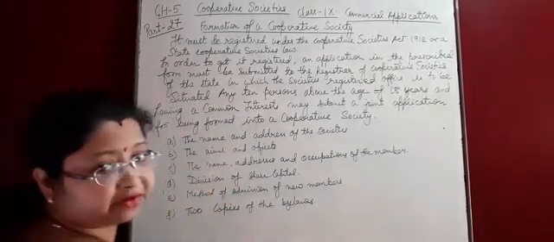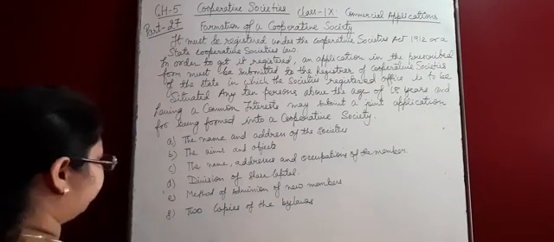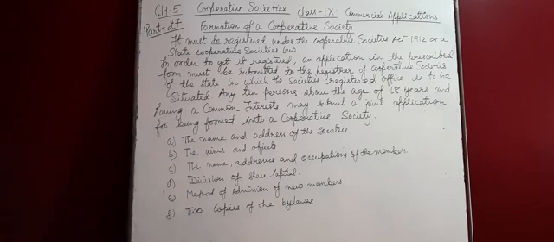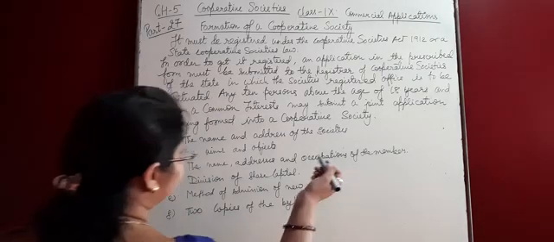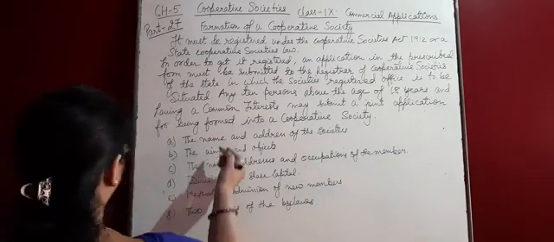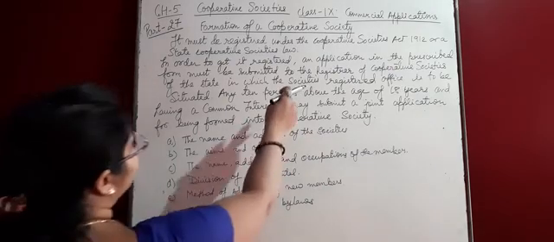Bylaws means the rules and regulations. A cooperative may adopt model bylaws given in the Cooperative Societies Act. Instead of framing its own bylaws, they can copy what is given in the Cooperative Societies Act. So these are the contents of this application.